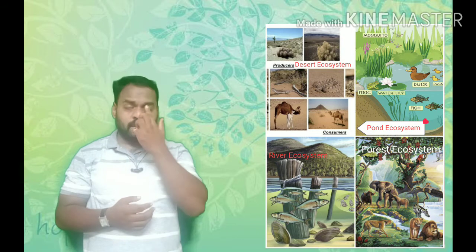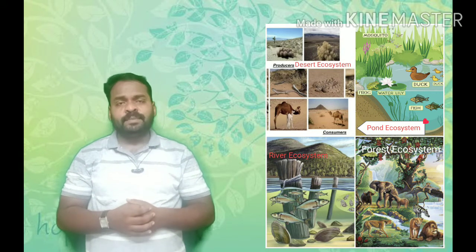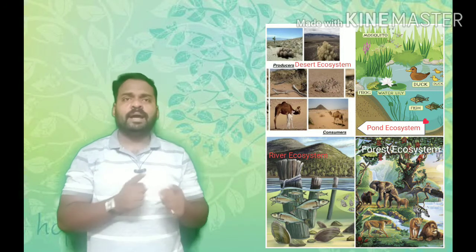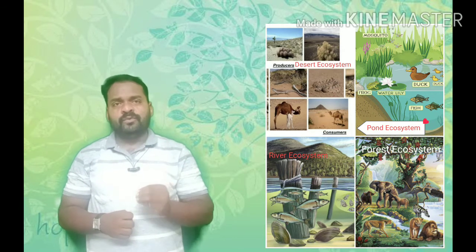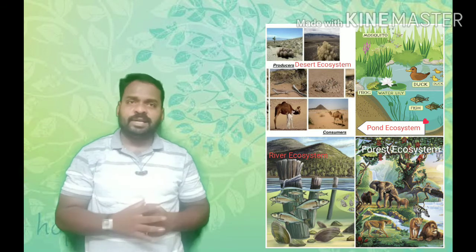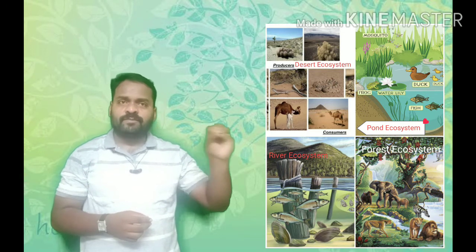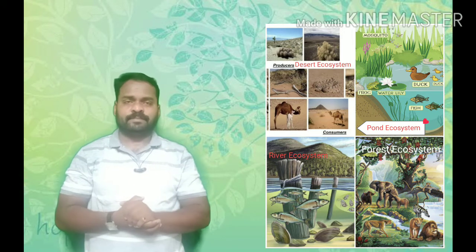Okay, so ecosystem is classified into 2 types, terrestrial ecosystem and aquatic ecosystem. The ecosystems which exist on the land surface are considered terrestrial ecosystems, and those which start from aquatic life are known as aquatic ecosystems.